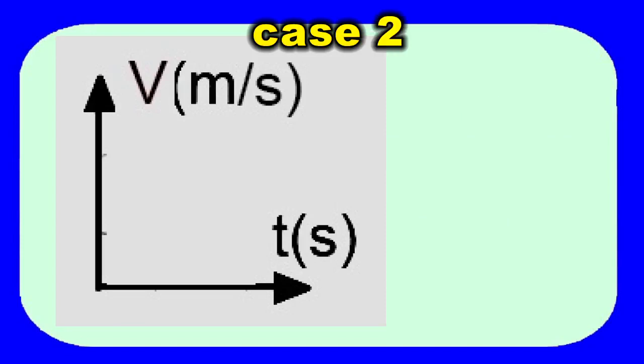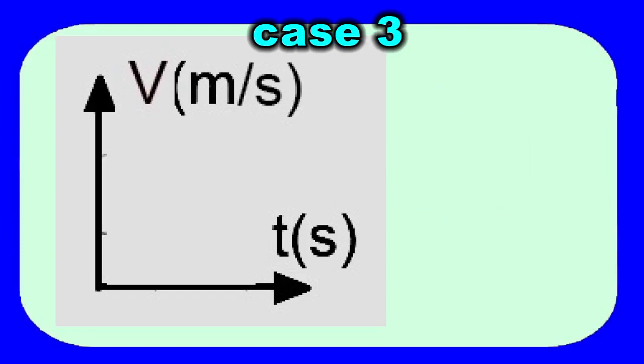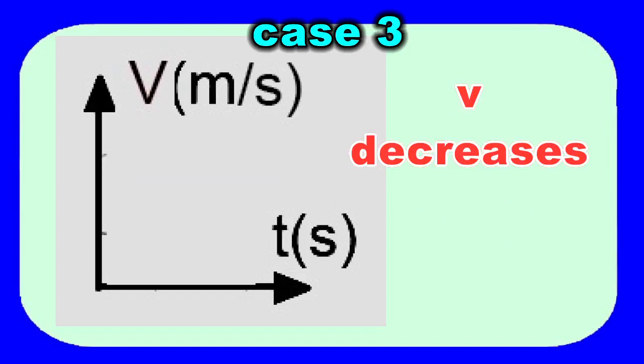Case 2. If the velocity remains constant, the graph is as follows. In this case, the acceleration is 0. Case 3. If the velocity decreases, the graph looks like this. In this case, the acceleration is negative.